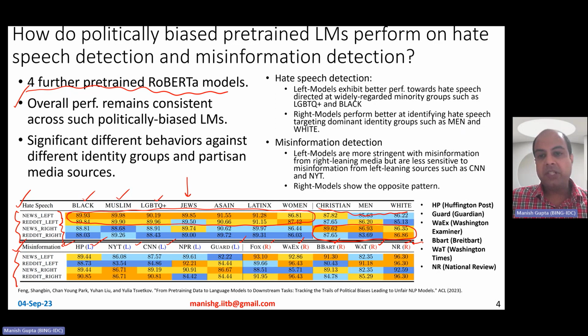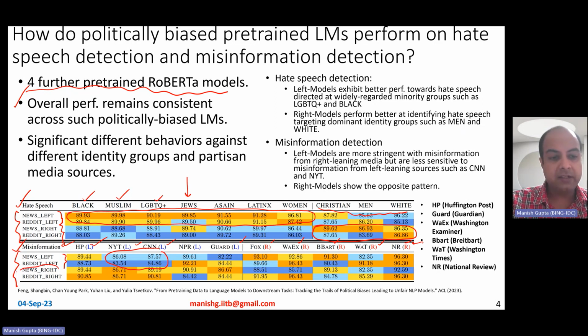Now, if you look at misinformation tasks, you observe that left-leaning models are more stringent towards misinformation from right-leaning media, but are less sensitive to misinformation from left-leaning sources like CNN and NYT. So specifically, they perform really poorly here, right?